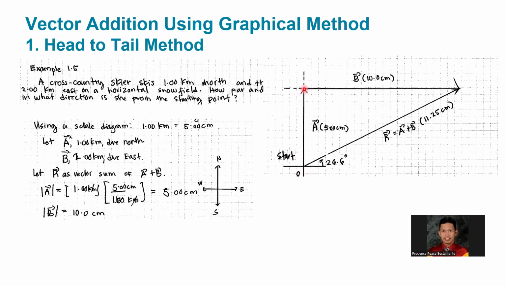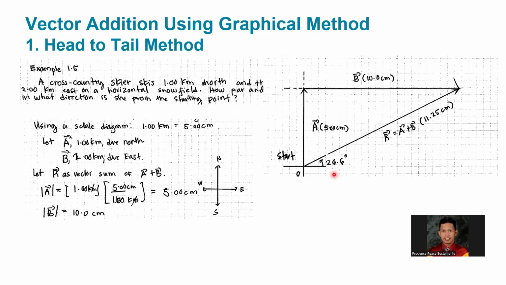Then you will draw the vector B. You put the tail of vector B to the head of vector A like this. So the vector B is 2 kilometers or 10 centimeters due east. Okay, it's like that.